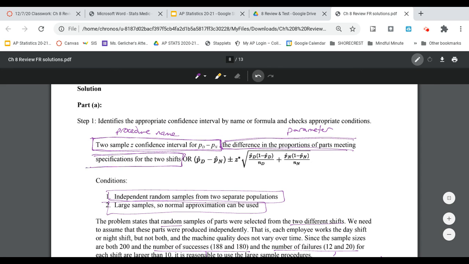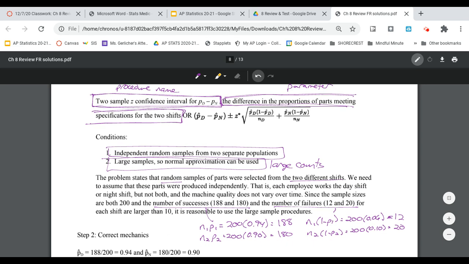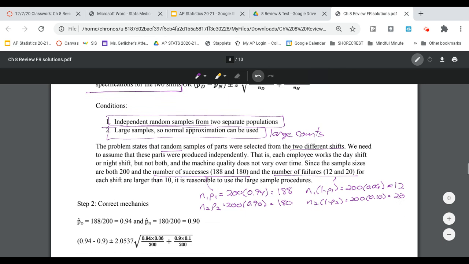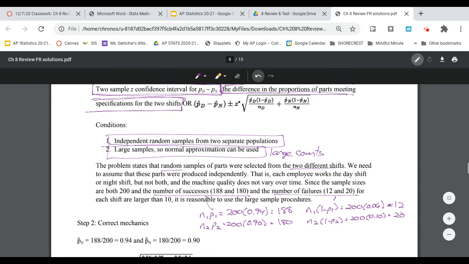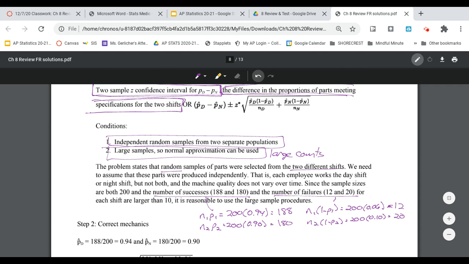For the conditions, they didn't do the 10% thing, but they did do independent random samples, and they did the large sample. We've been calling that large counts. Interesting, when they look at this, they said they were okay with you not having the word random in there, but they did want you to talk about independence.